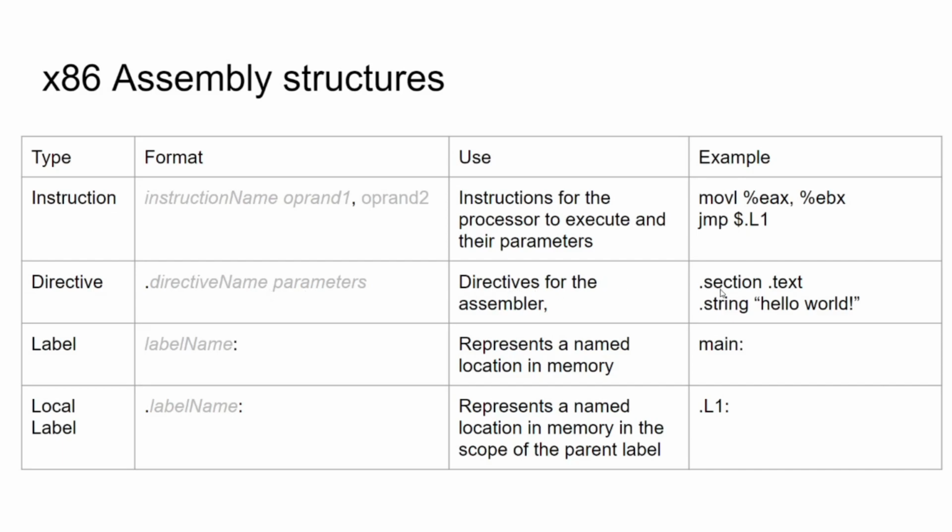An example of this is what we just saw previously, the sectioning. When you do .section .text, you're telling the assembler, hey, this is my text section. Even though this isn't making it into the final machine code, it is making it into the assembly program. And then the linker is going to be dealing with the actual directives as well, I believe.